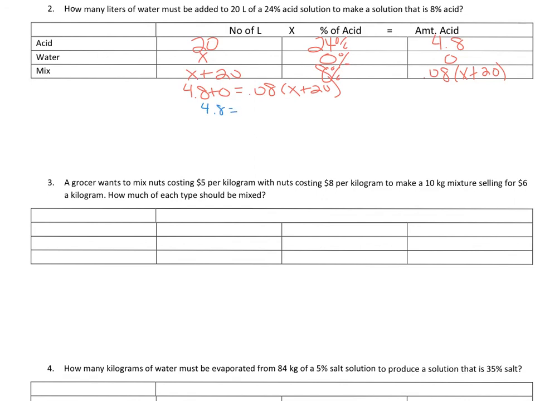So I have 4.8 equals 0.08x, and then 0.08 times 20 gives me 1.6, and then just solve your two-step equation. So subtract 1.6 from both sides, and I have 3.2 equals 0.08x. Divide both sides by 0.08, and we get x equals 40? Yes? 40 what?